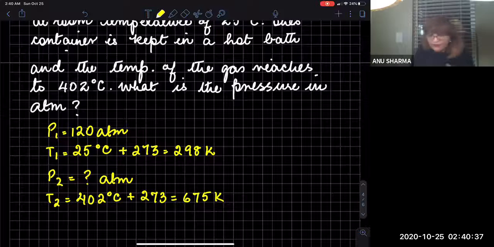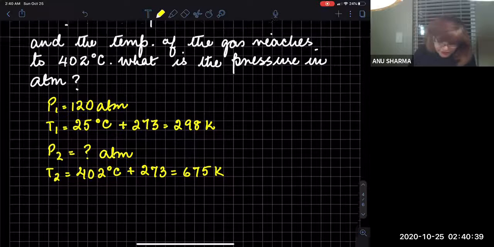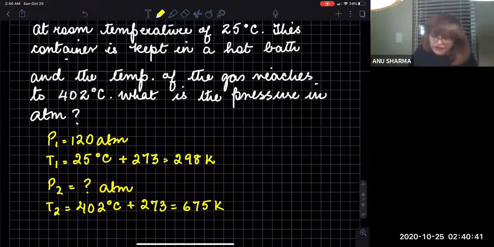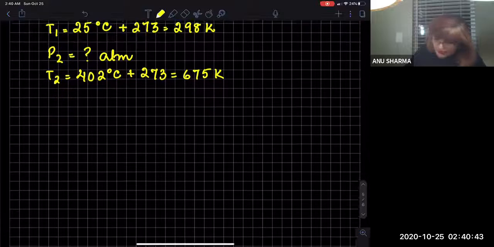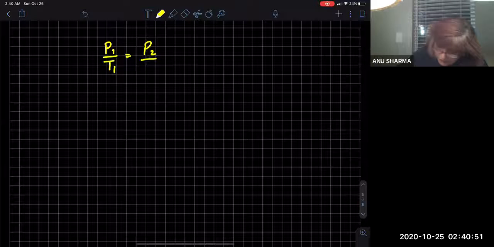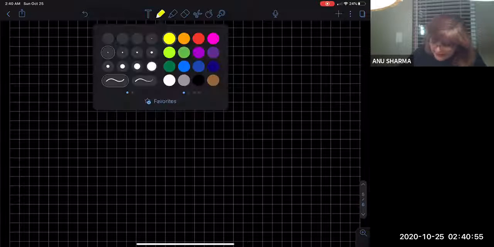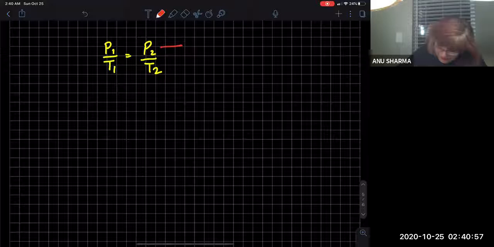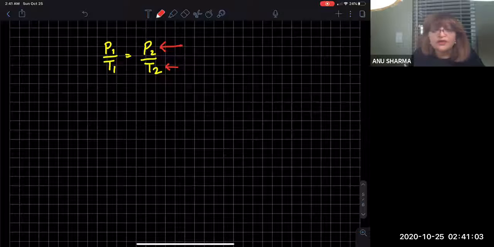So we have the two values of temperature and we know one value of pressure. We can find the next one. And how do we do that? Always write down the formula. The formula here is P1 over T1 is equal to P2 over T2. The entity that we need to find is P2. So we need to get rid of T2. T2 is a known value, P2 is the unknown value.